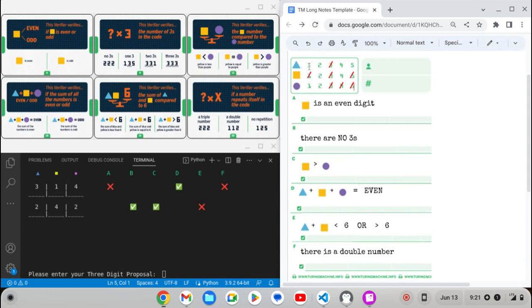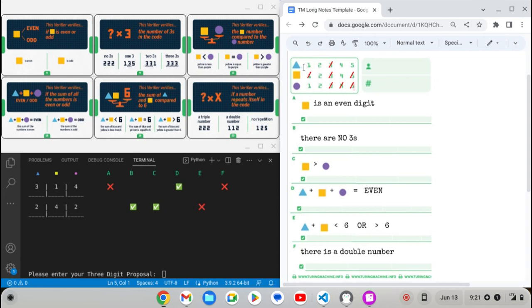If I were to say 1 is doubled, then the middle would be even, there are no 3s, and in both cases each of the squares are bigger than the 1.